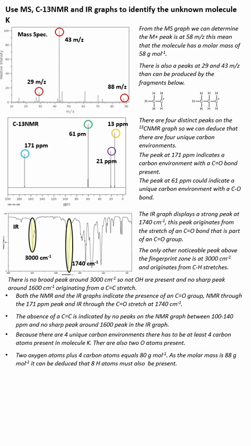Since the actual measured molar mass is 88, there are 8 other hydrogen atoms that would be on this molecule to give a combined total of 88 grams per mole as our molar mass.